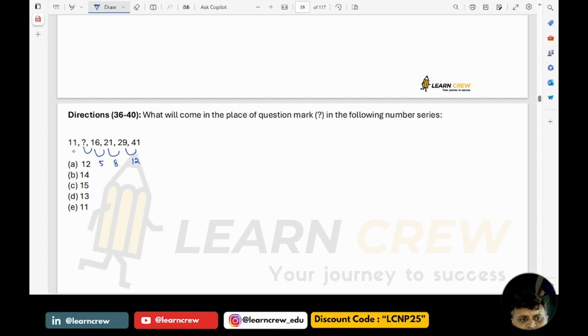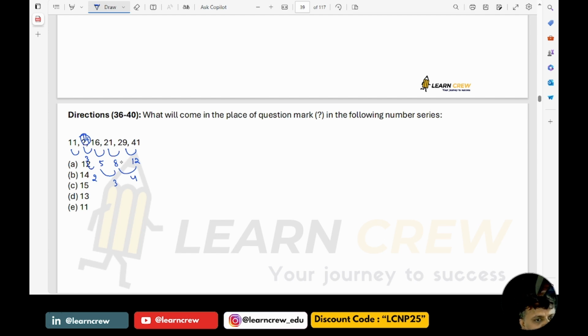The difference of difference is 4, then 3, so here it must be 2, which makes the difference 3. So this term has to be 14: 11 plus 3, 14. So the answer is 14.